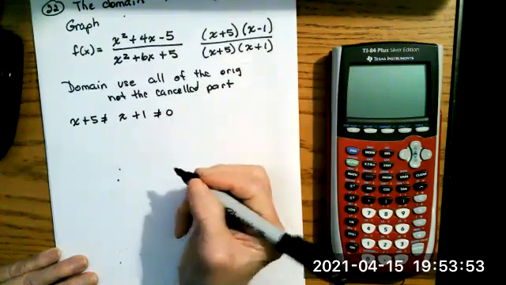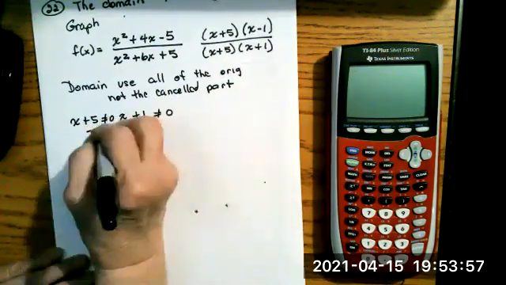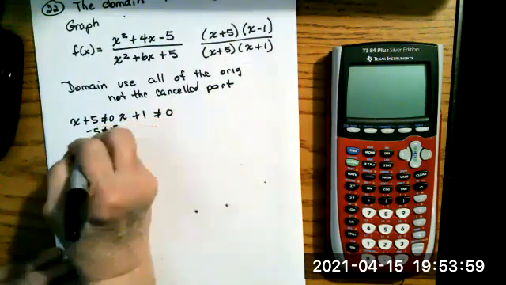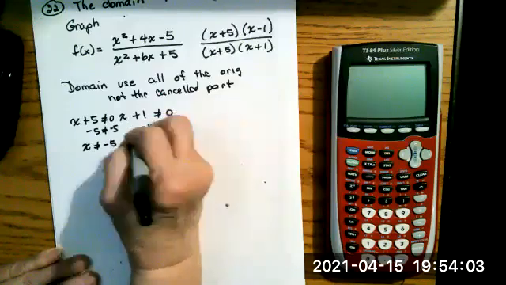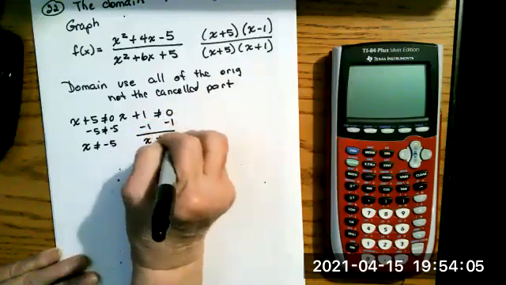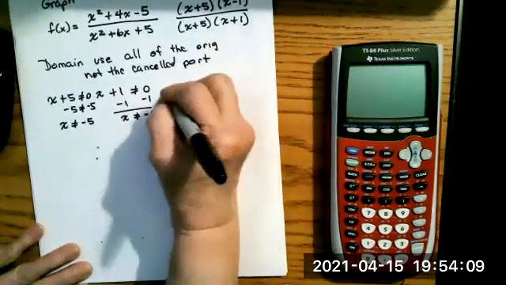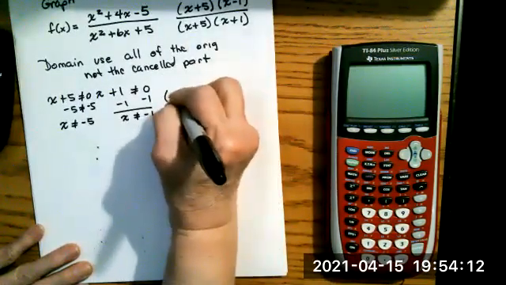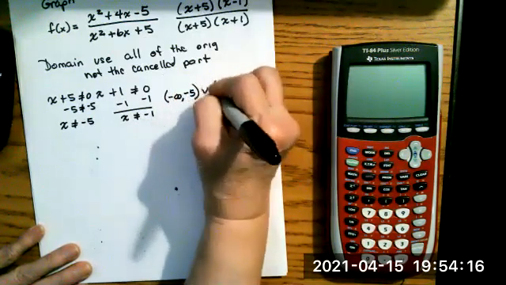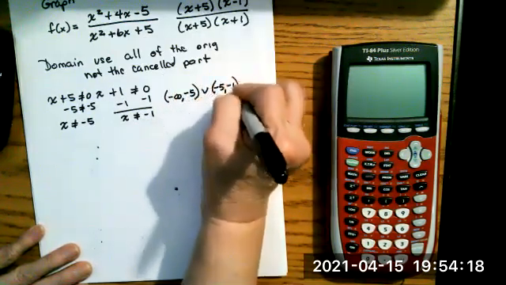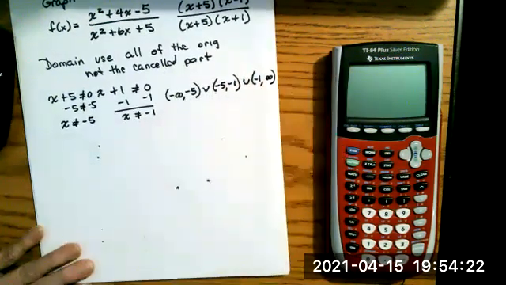So x cannot equal -5 and x cannot equal -1. They want the domain in interval notation. So it would be -infinity to -5, union -5 to -1, union -1 to positive infinity.